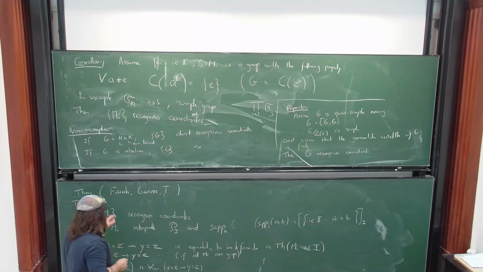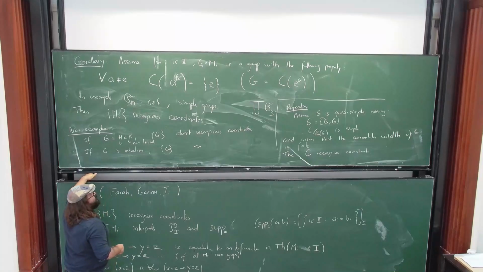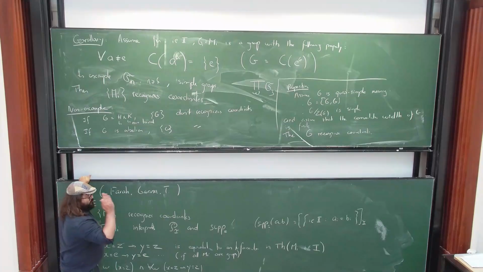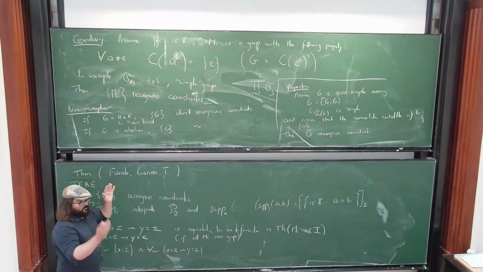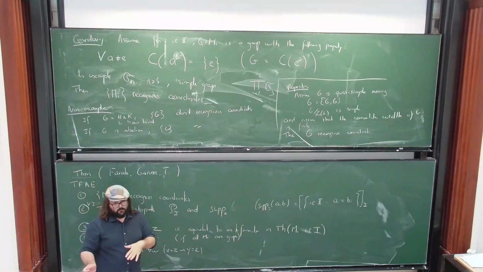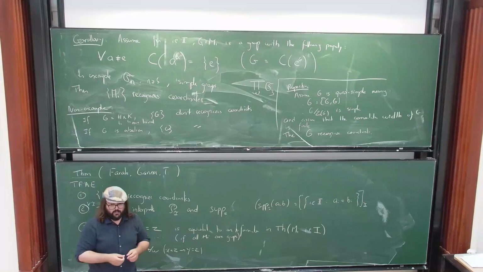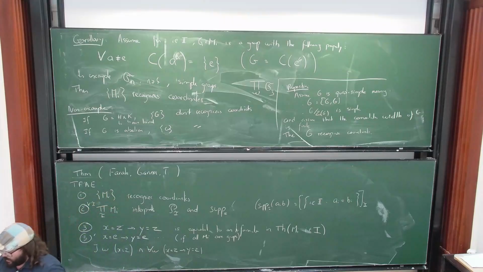So you don't need much. But for groups, the dividing line, which groups recognize coordinates, is really relevant, and we don't know how to characterize it. For pure groups, all fields recognize coordinates, because of what Leo said.